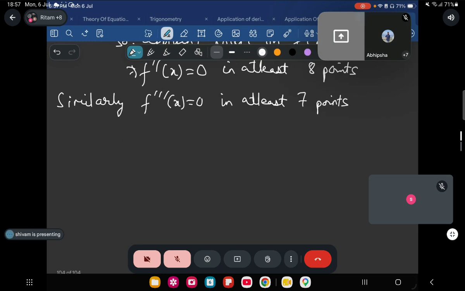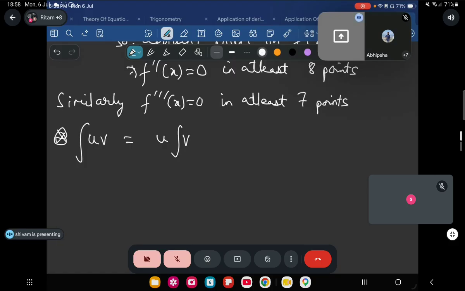Acha, for the next problem, you will need this. You people know UV rule, right? Integral of UV. If you don't know, tell me, I'll write it. Integral of UV will be equal to U integral of dV minus integral of U dash into integral of V dV. One of them will be integrable, another one will be differentiable. Whichever is easier to integrate, you integrate that function.